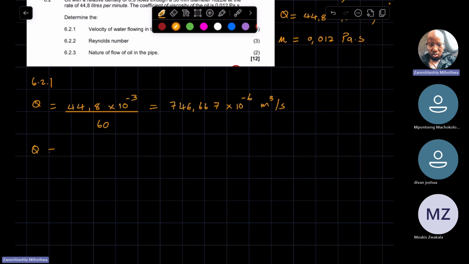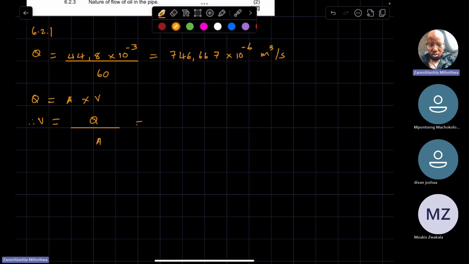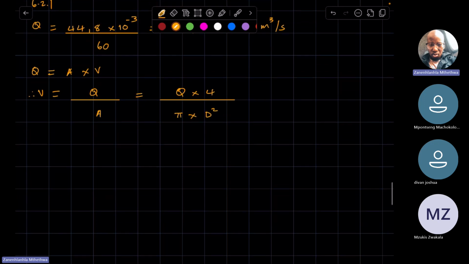We know Q is equal to A times V, therefore V is equal to Q divided by the area. And the area we know is pi over 4 d squared. So essentially this will be Q times 4 divided by pi times d squared. And now you substitute.